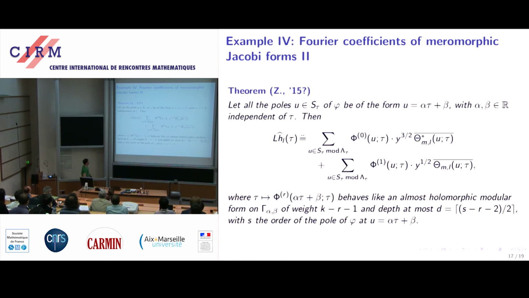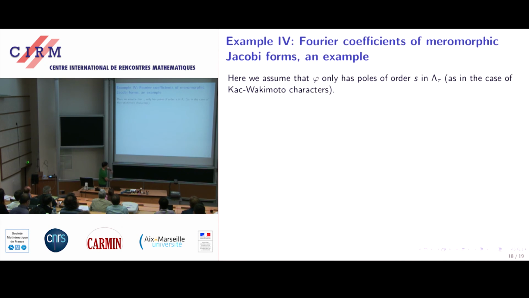Okay, but actually I have 10 seconds left, so let's look at an example. We saw it was interesting to do this for the Kac-Wakimoto characters. They were simpler because there were only poles in the lattice points, not more. That means the sum already reduces to just one term.